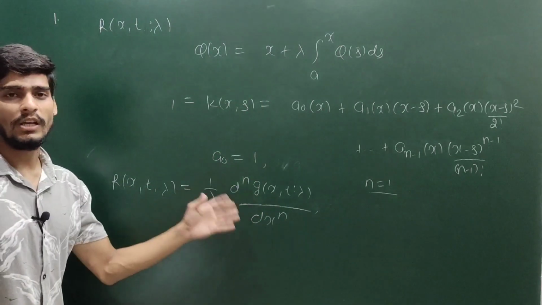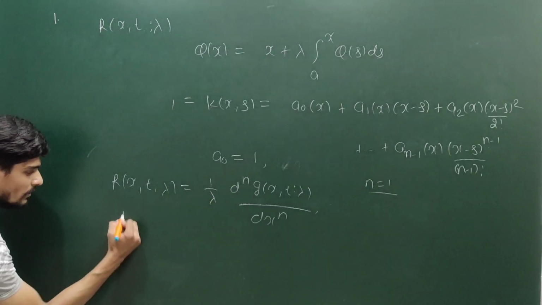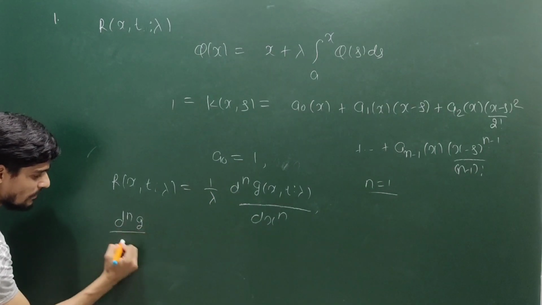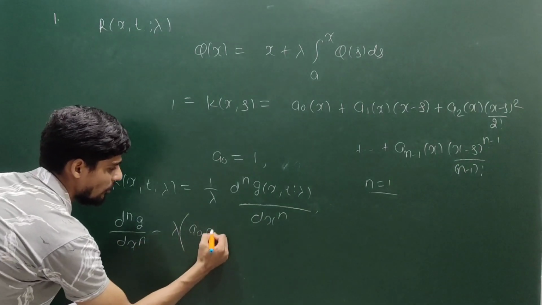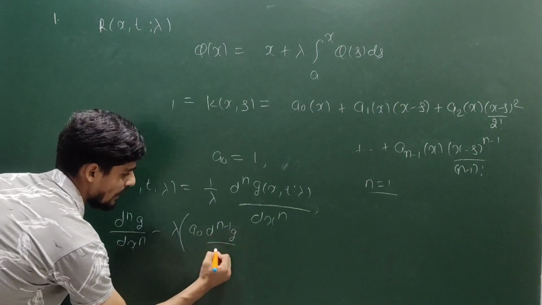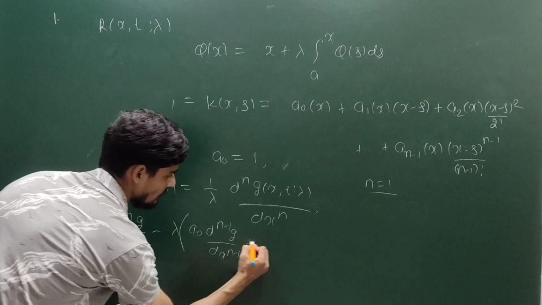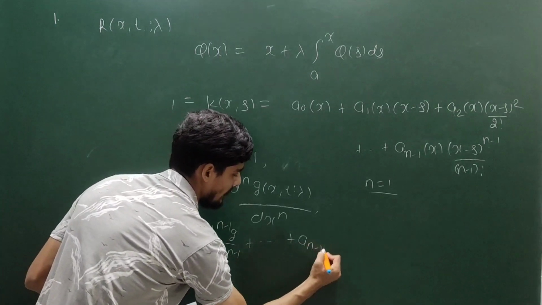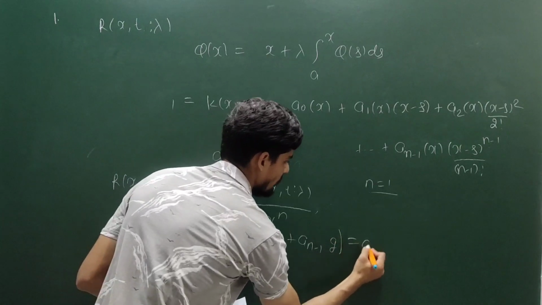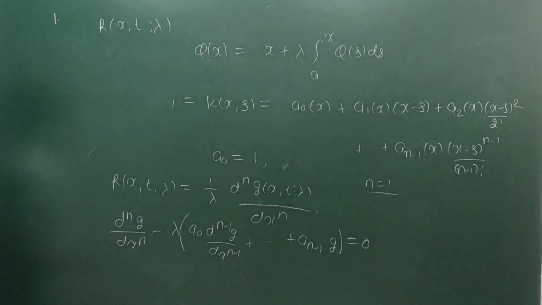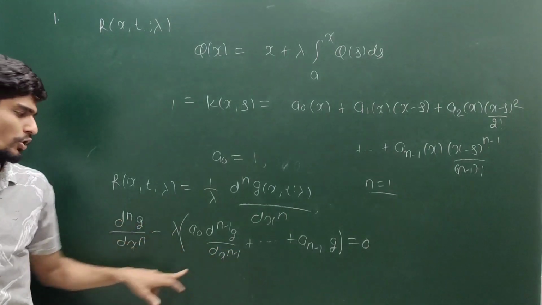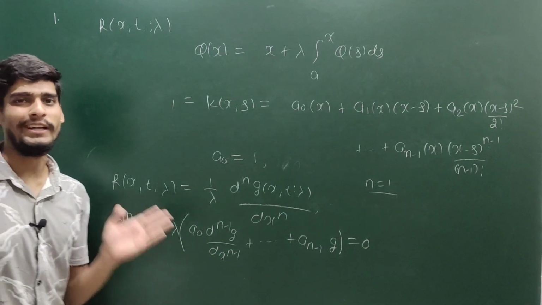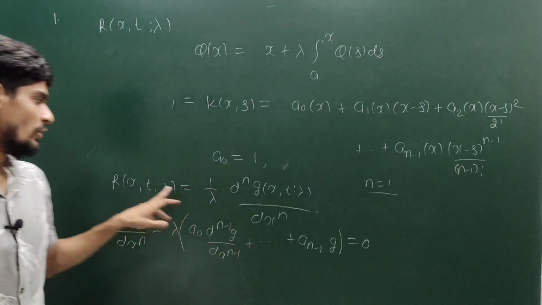This g is a solution of the differential equation d^n g / dx^n - lambda a0 d^(n-1) g / dx^(n-1) - ... - lambda a(n-1) g = 0. This is an n-th order differential equation, so it needs some conditions to find g uniquely.